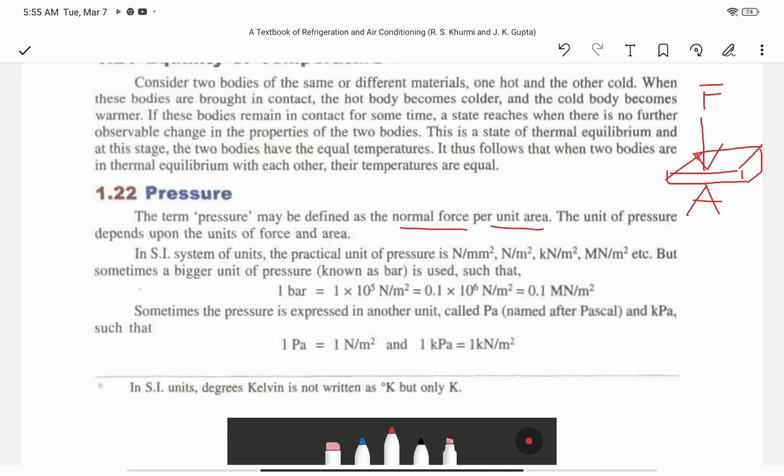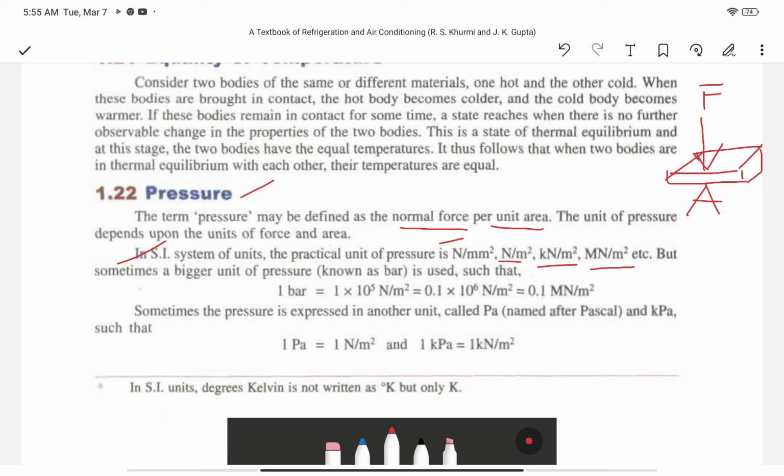So when you have force per unit area, that is your pressure. Regardless of the unit, in the SI system the unit will be Newton per square millimeter, Newton per square meter, kilonewton per square meter, or meganewton per square meter.